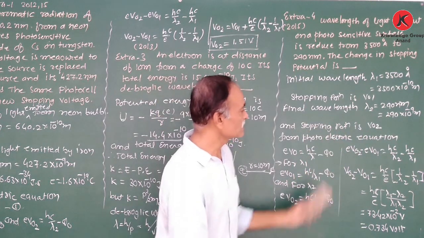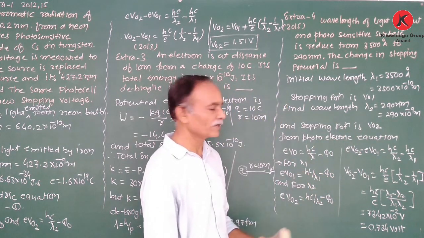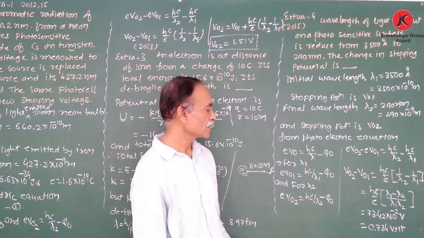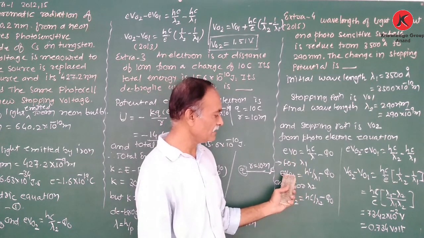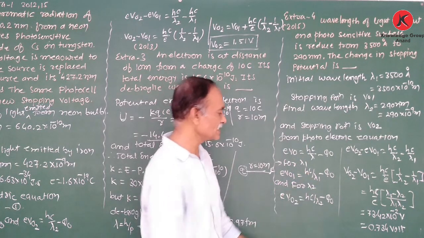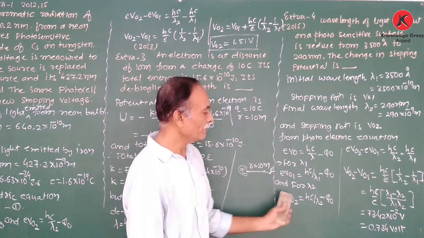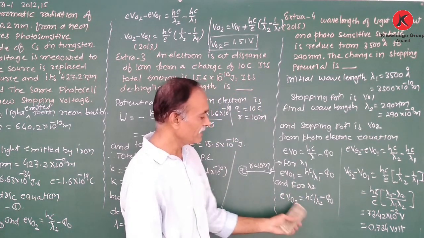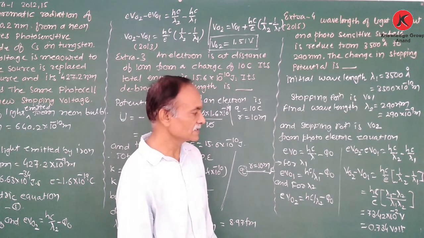Now we use the equation of the photoelectric effect, eV0 equal to hc upon lambda minus phi 0. For wavelength lambda 1, eV01 is equal to hc upon lambda 1 minus phi 0, and for wavelength lambda 2, eV02 is equal to hc upon lambda 2 minus phi 0.